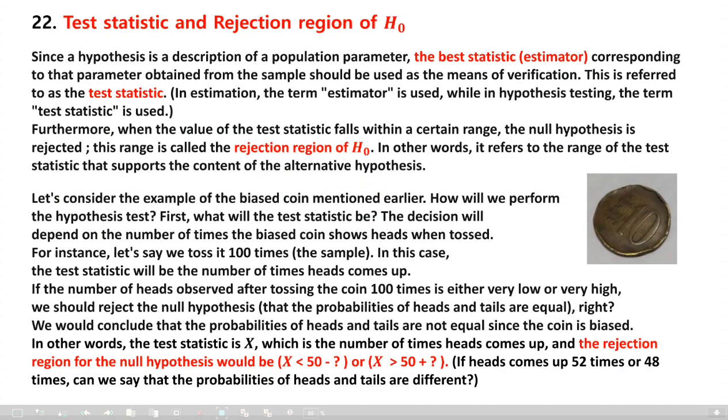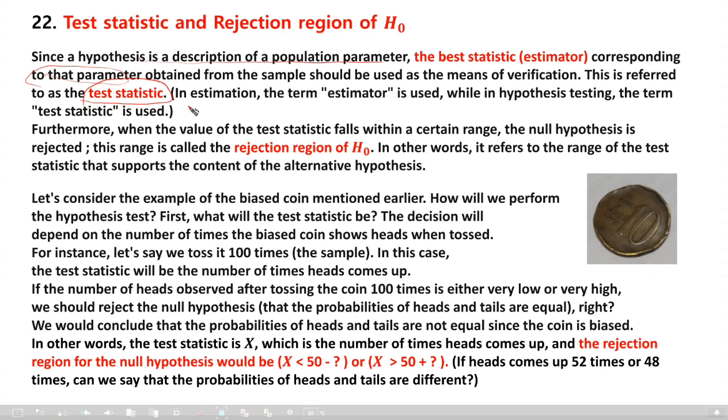Okay, let's see. Today, test statistic and rejection region of H0. Since a hypothesis is a description of a parameter, in statistics, the best statistic or estimator corresponding to that parameter should be used. This is referred to as the test statistic. There is new terminology, test statistic.